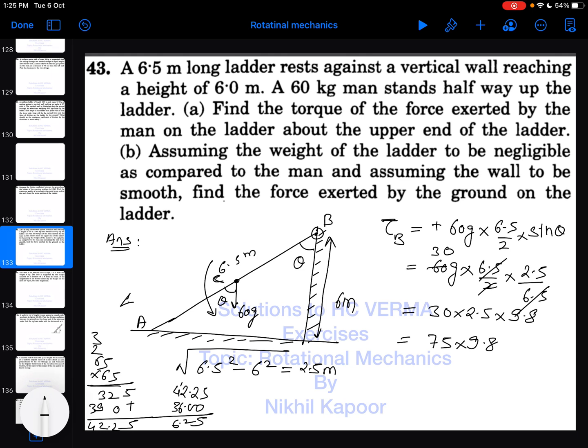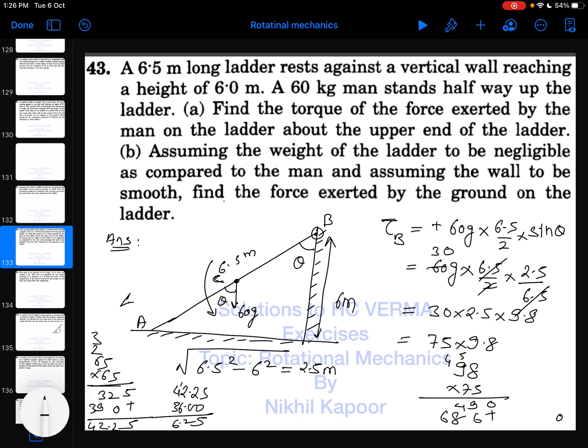So let's again multiply in the rough work 75 and 9.8. So 98 and 75. 5 8s are 40, 0, 4 carry, 5 9s are 45 plus 4 will be 49, plus 7 8s are 56, will be 5 carry, 7 9s are 63 plus 5 will be 68.